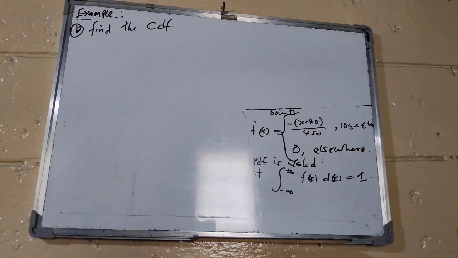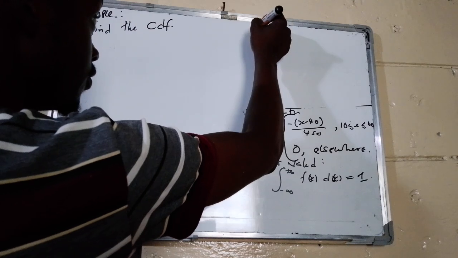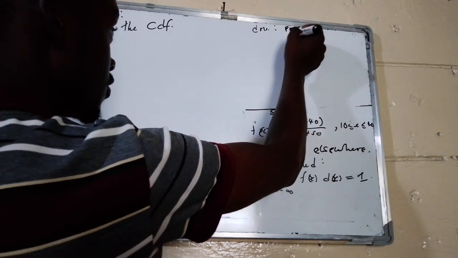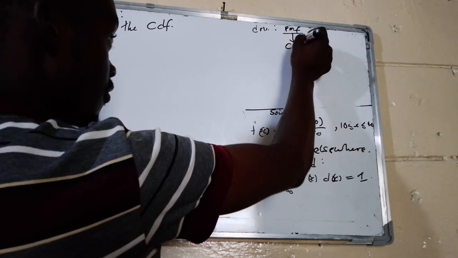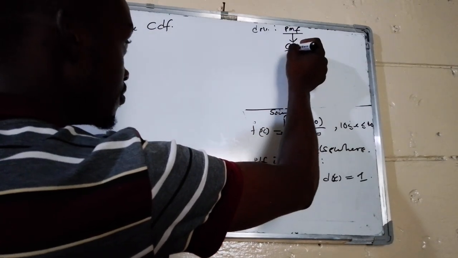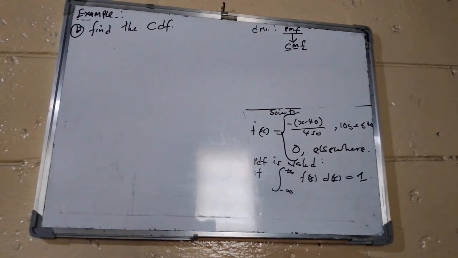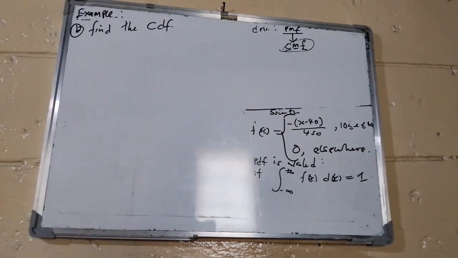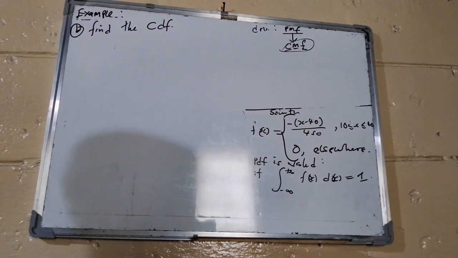Remember, when X is following a discrete case, then for a DRV we have the PMF. From the PMF we can come up with the CMF, which is called the cumulative mass function. You can follow the previous video on how we were obtaining the CMF. We were just adding up the successive probabilities there.